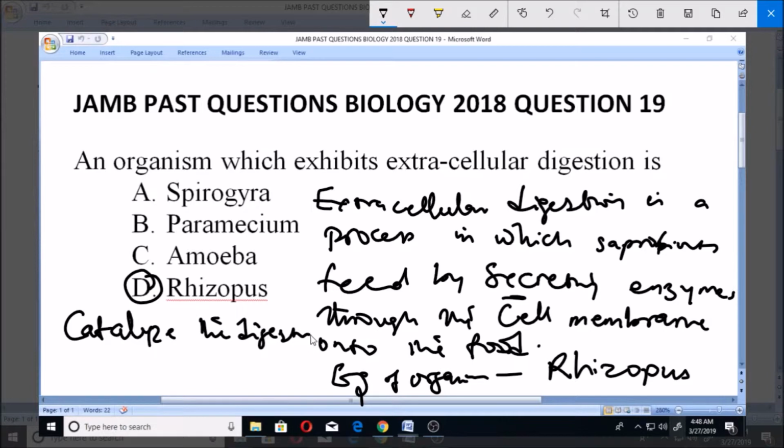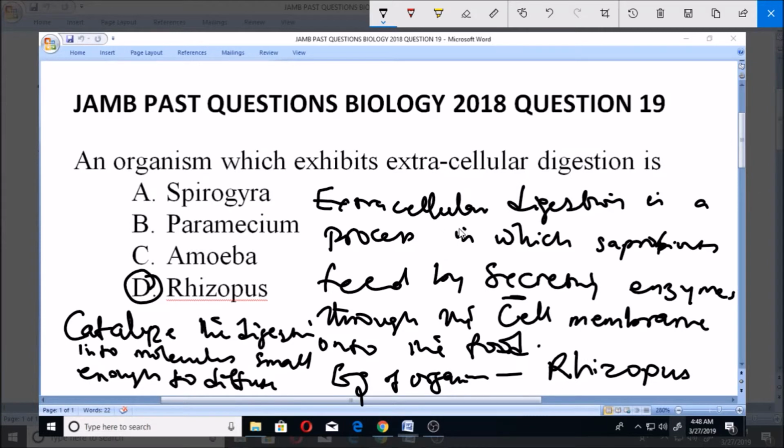It will catalyze the digestion of the food, you understand, into very small molecules, small enough to undergo diffusion or passive diffusion or transport into the organism. So small enough to diffuse, that's what you are supposed to put there.